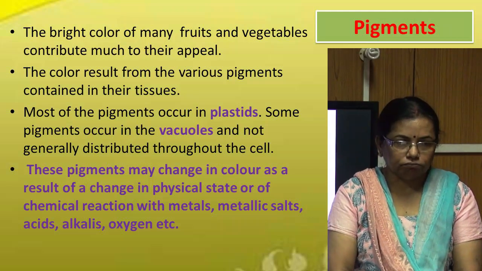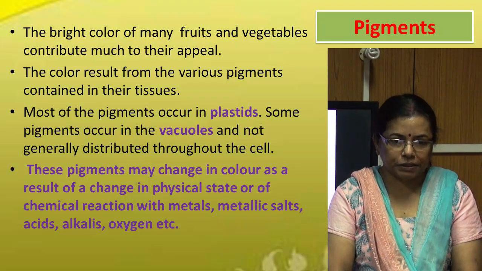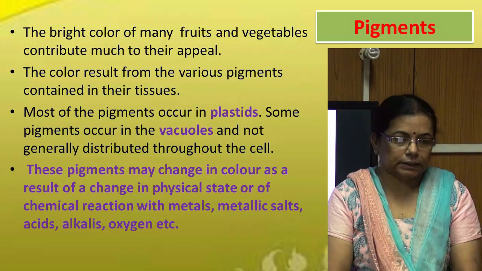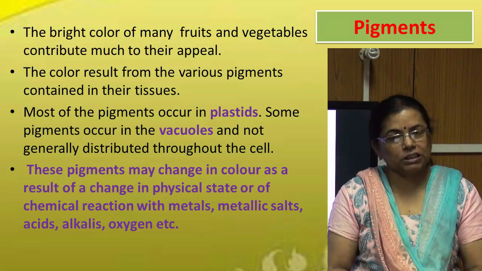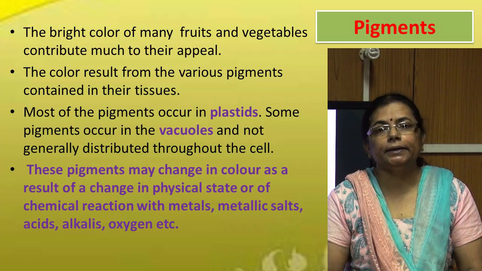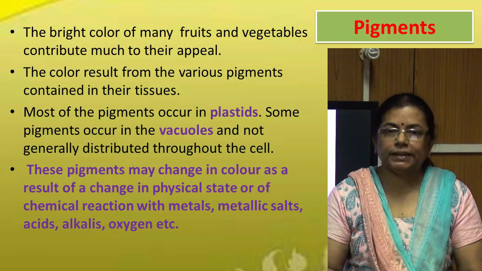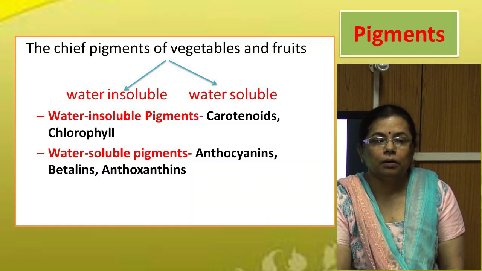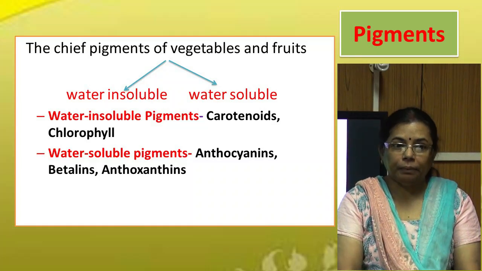The stability of these pigments depends upon many factors, such as presence of oxygen, presence of light, oxidizing reducing agents, and change of temperature and pH. Now we will study pigments.